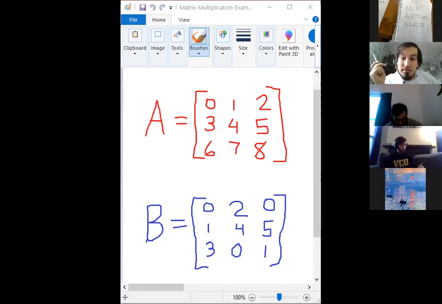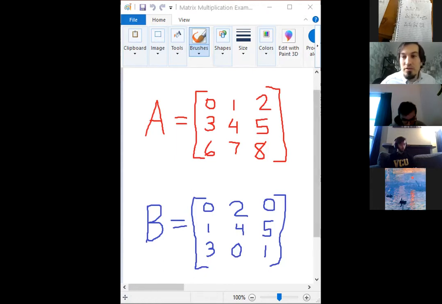If you're lost, like what the heck, I don't know what to do. This is 3x3, whereas before they were 2x2. It's the same process. Oh, I can't point. Oh, I can use my mouse here maybe. So for A, you're going to think about the rows of A, 0, 1, and 2. And for B, you're going to think about the columns of B, 0, 1, and 3.